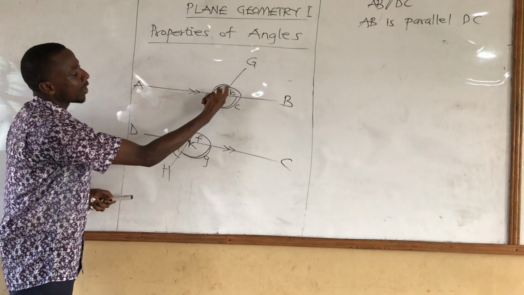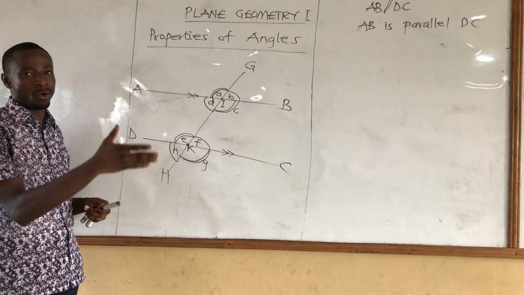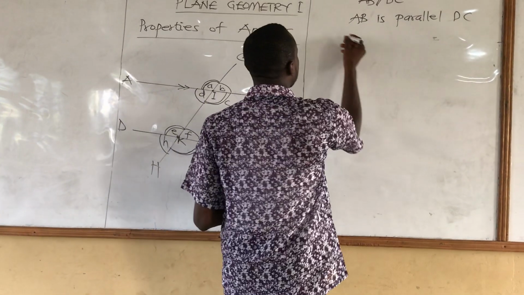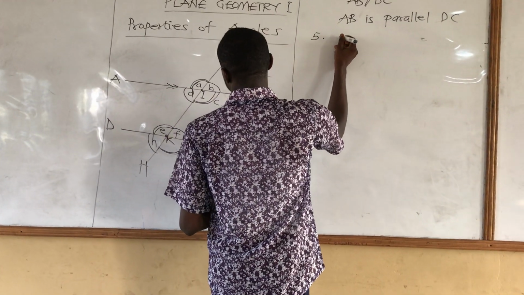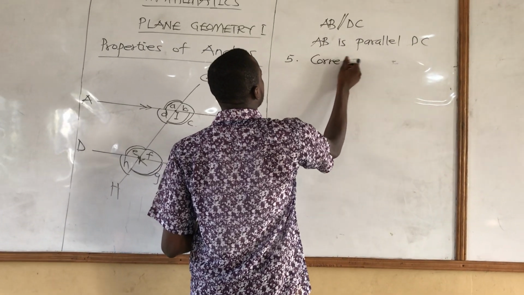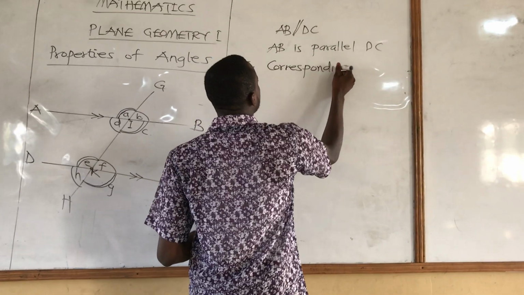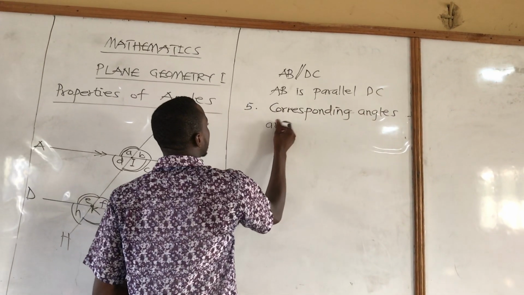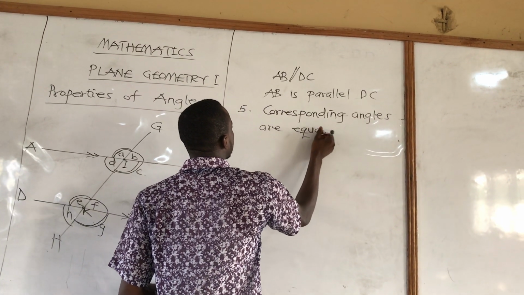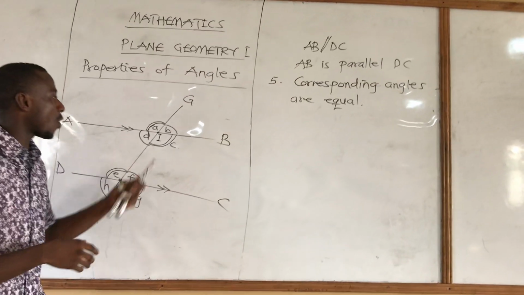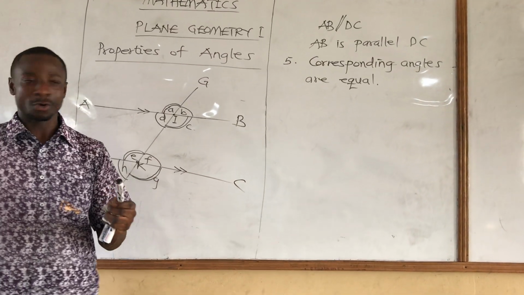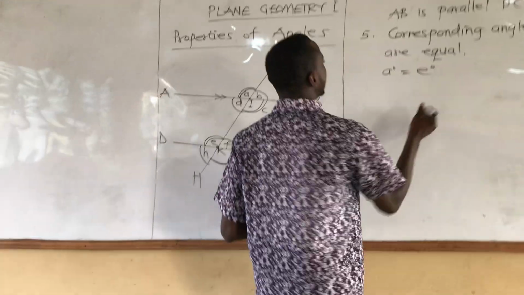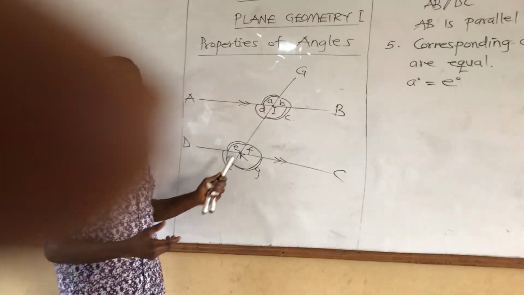So we can say that angle A and angle E are equal because they are positioned at the same place. So corresponding angles are equal. Angle A is equal to angle E.